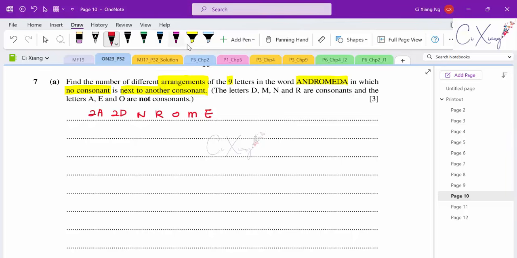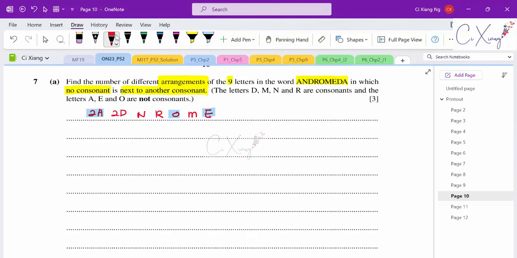Okay, then if I want to separate them into consonant and vowel, so basically we are having 1, 2, 3, 4. So we are actually having 4 vowels. Okay, then 5 consonants. Okay, since the consonants must be separated, so we will arrange them lastly.